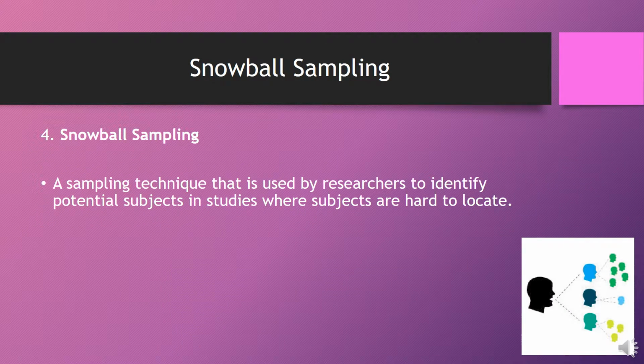Snowball sampling is a sampling technique that is used by researchers to identify potential subjects in studies where subjects are hard to locate.